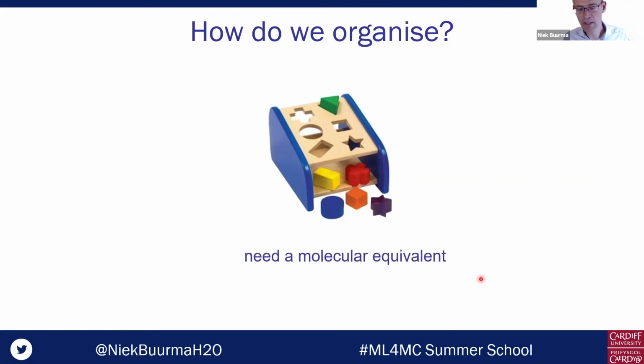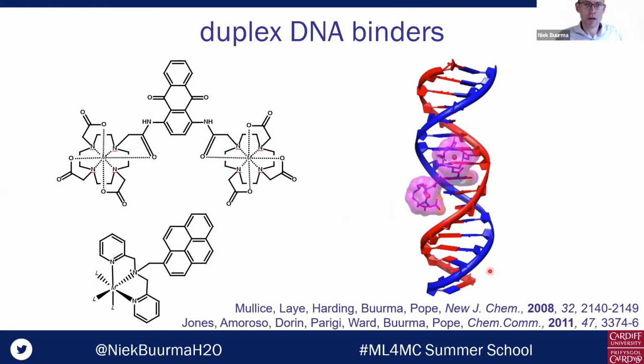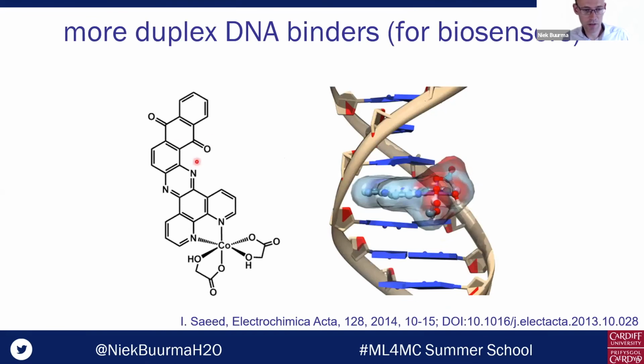So we need a molecular equivalent for this, and the molecular equivalent that we're going to talk about is still based on DNA. Now, we've worked with lots and lots of duplex DNA binders with some random metal centers in there. These ones bind to DNA. Another cobalt complex that binds to duplex DNA, which we use in the development of biosensors.